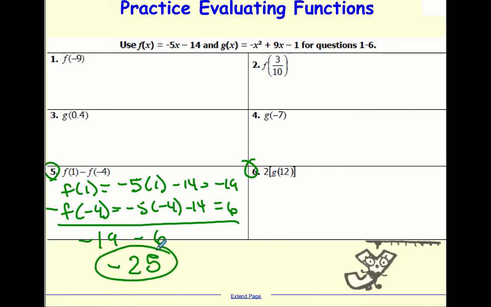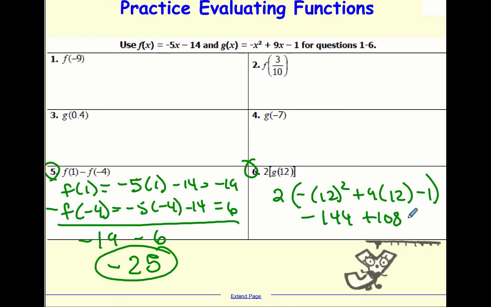To do number 6, we would just do 2 times the answer to g of 12. And g of 12 is the opposite of 12 squared plus 9 times 12 minus 1. 12 squared is 144, and the opposite of it is negative 144. 9 times 12 is 108.